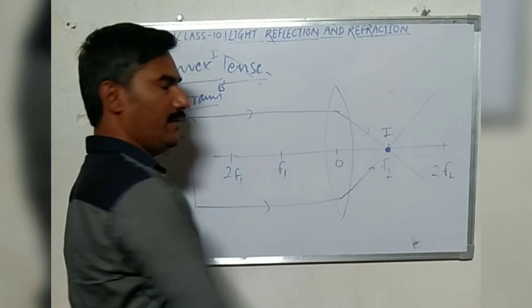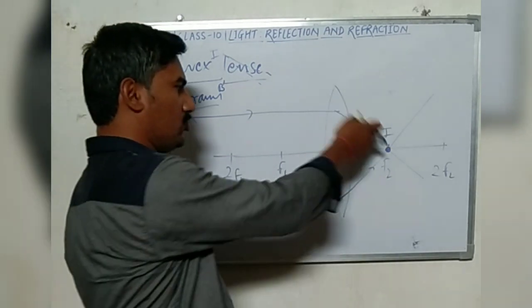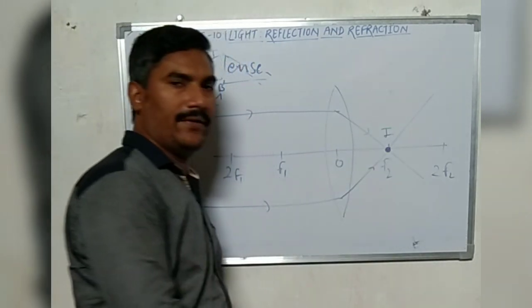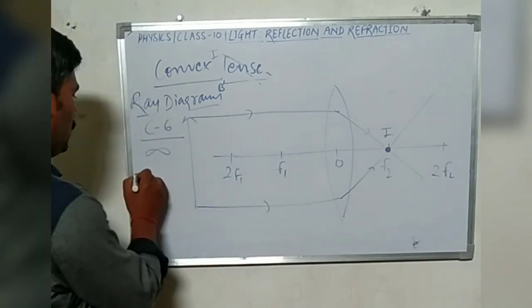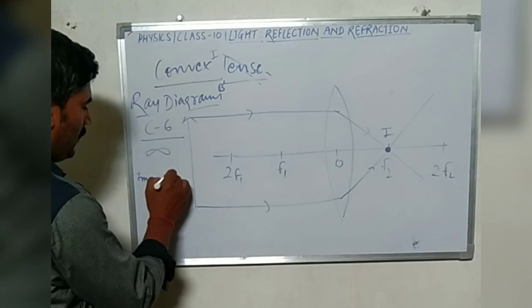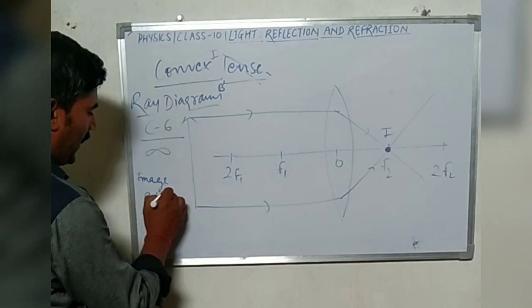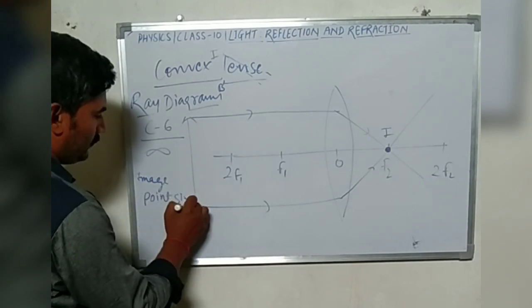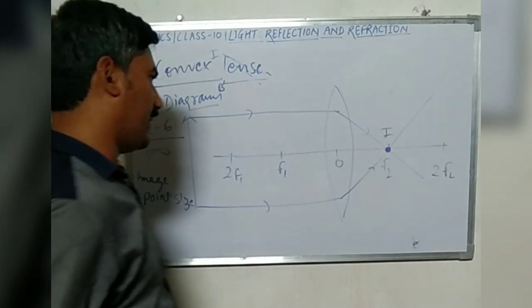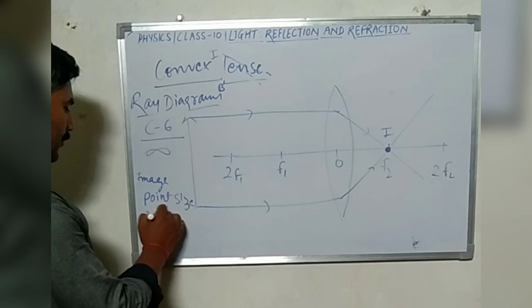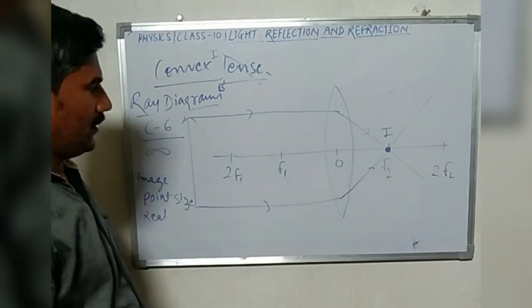After getting refracted, they actually meet at F2 and form a diminished or point size image. So the image formed is point size, rays are actually meeting, so the image is real.